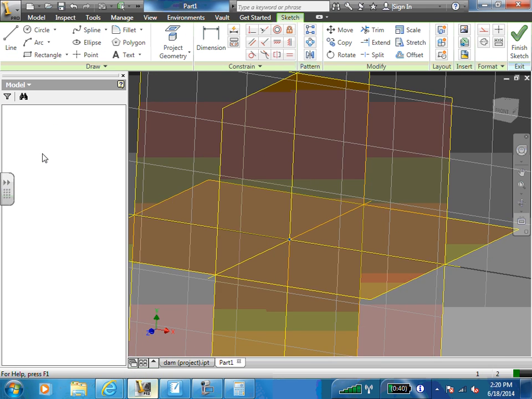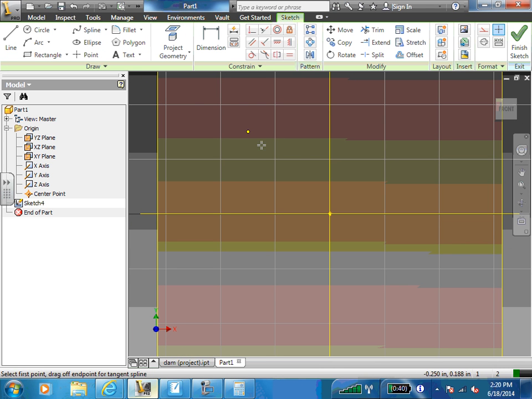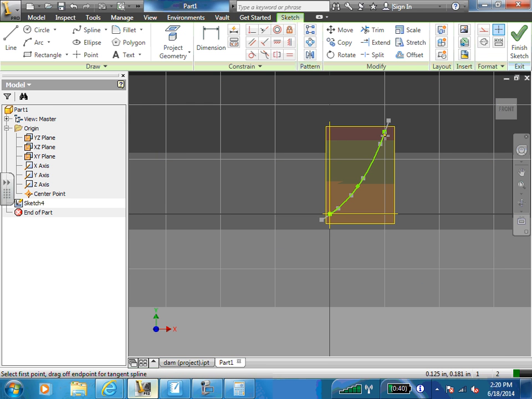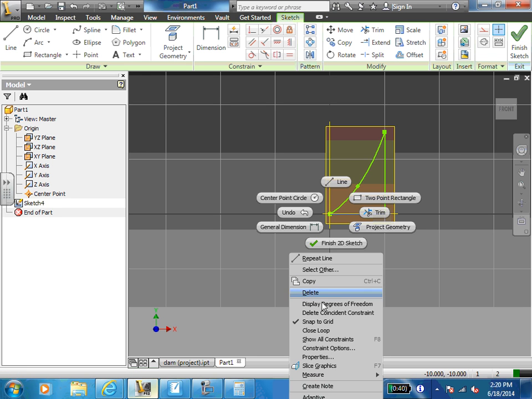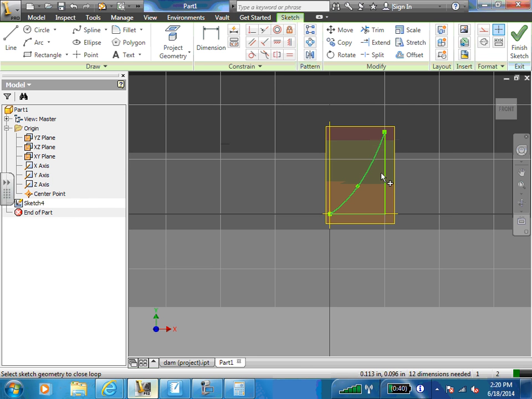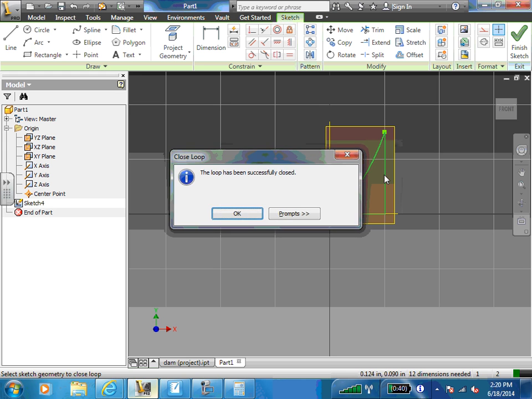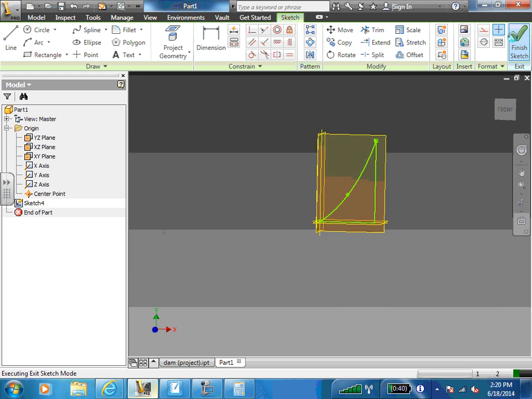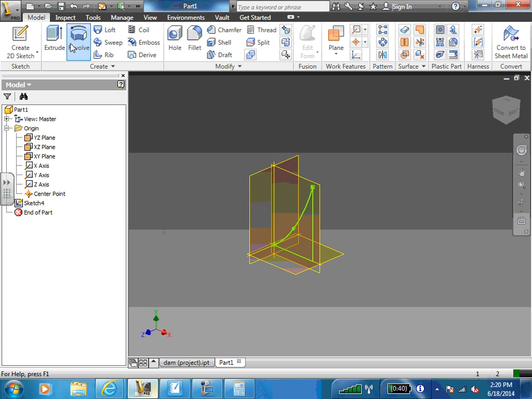Let's create a 2D plot. And let's close that in. All right. So let's take that and rotate it.